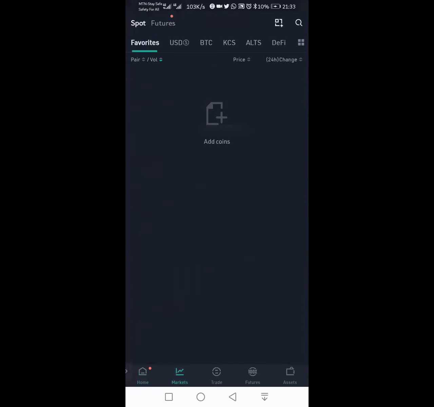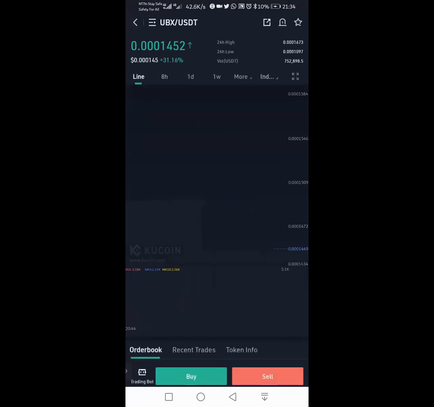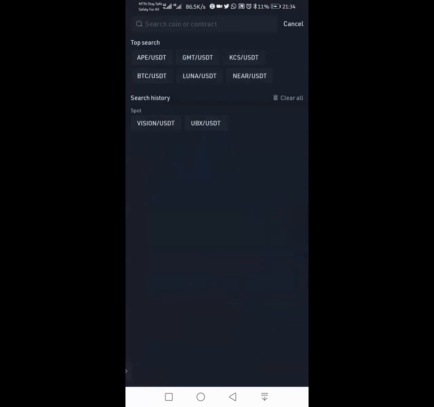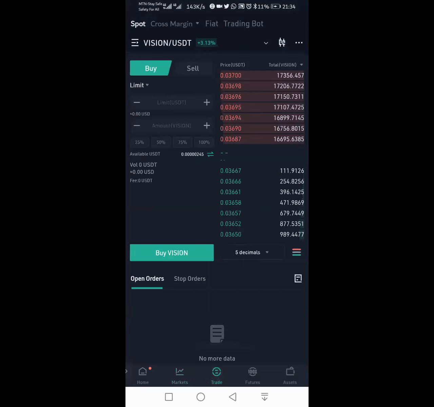Market simply means, you all know what market means, where coins are listed, where you can find coins, add your favorites, and so on and so forth. While Trade is where you place your spot trade. But there's one thing in KuCoin which is quite different from Binance: you transfer your assets. They have wallets.